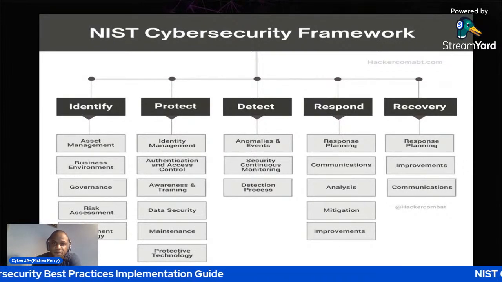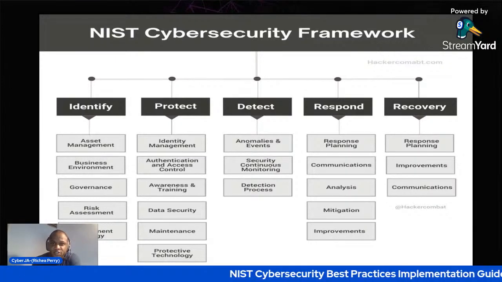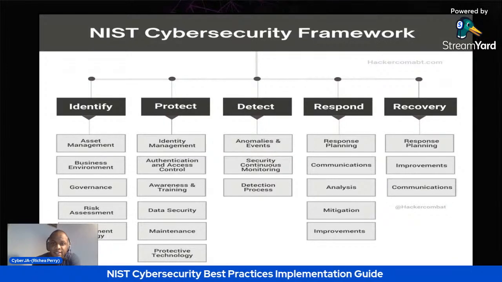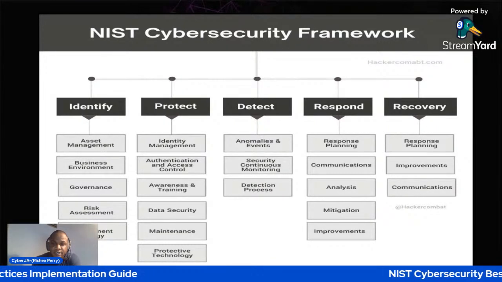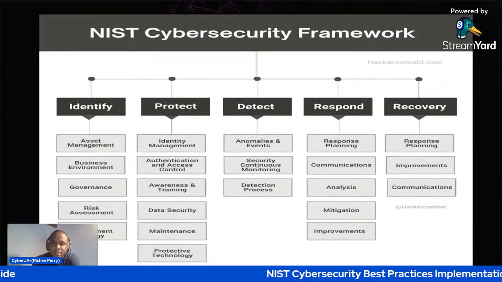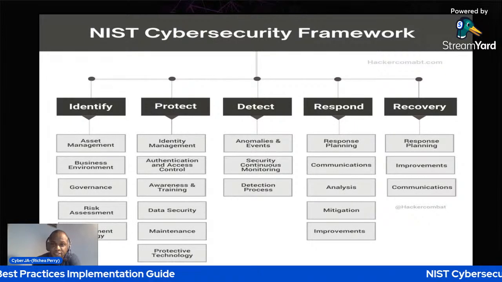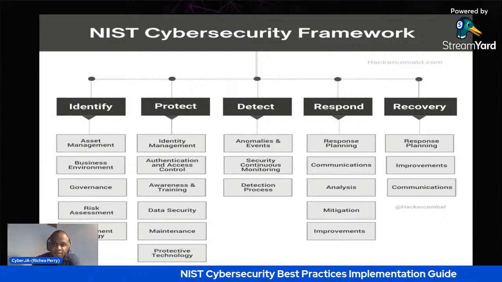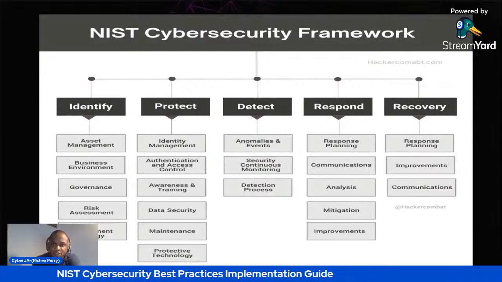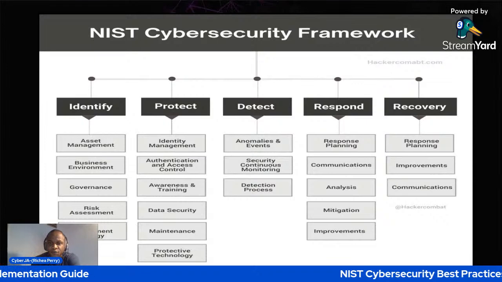Under protect, you look at identity management, authentication and access control, awareness and training, data security, maintenance, protective technology. In the detect phase, you look at anomalies and events, security continuous monitoring, and detection process. In the respond phase, we look at response planning, communications, analysis, mitigation, improvements. In the recovery phase, the last phase, you look at recovery planning, improvements, and communication. So that is what the cybersecurity framework looks like.